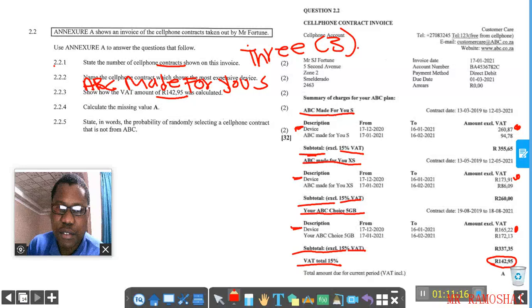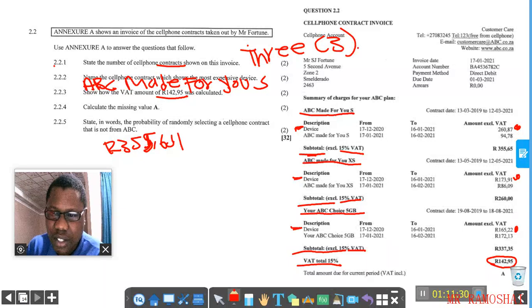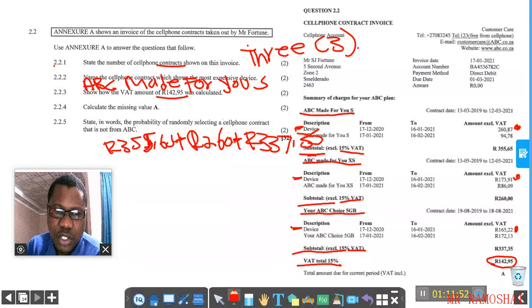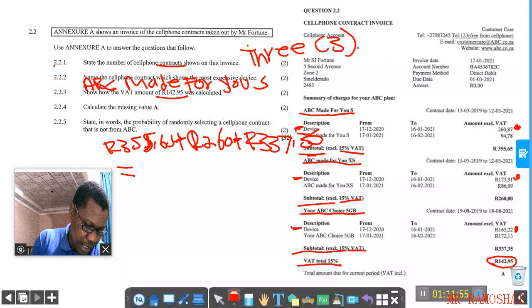We're going to say the first contract is 355,65 plus, we only look at the subtotal, right? Plus 260 plus 337,35.